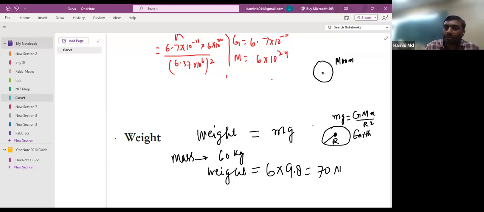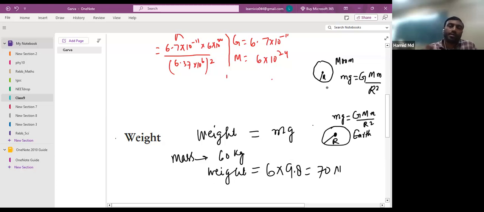Similarly, the weight of the same object on the moon will be the mass of object into gravitation at the surface of moon. The gravitational constant G is the same, 6.67, on earth as well as on moon or any other planet. Capital M is the mass of moon and small m is the mass of the object that we are measuring. If the radius is R, it will be R squared. Clear? Yes, sir.